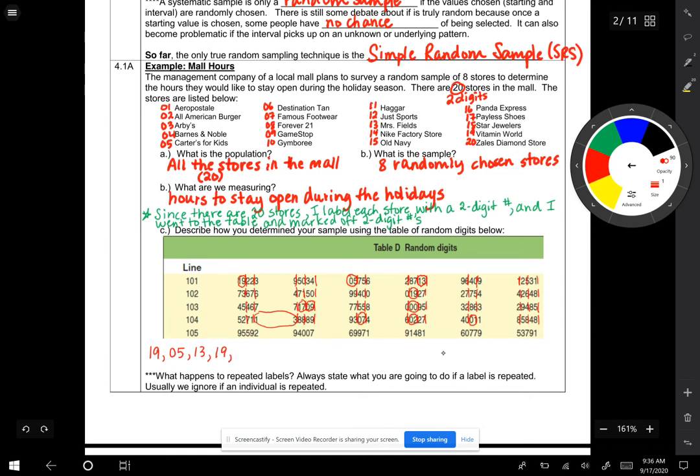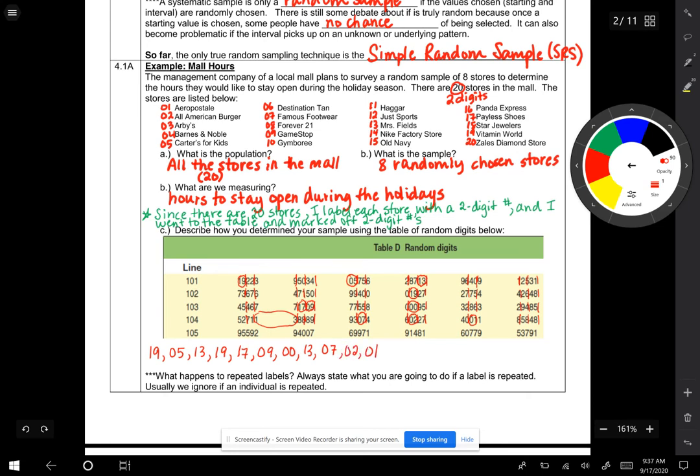And then I circled 17. 9. I have 00. 13. I have, where am I? 7. I have 2. And I have 1.